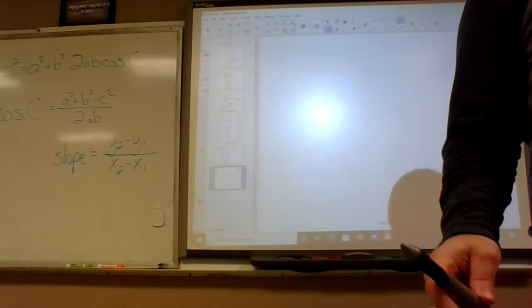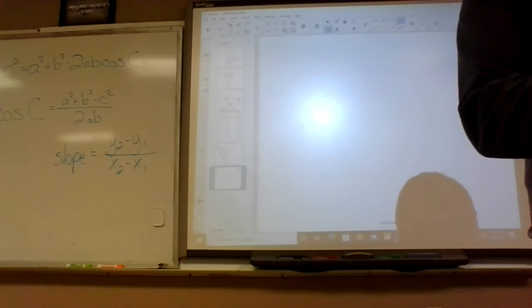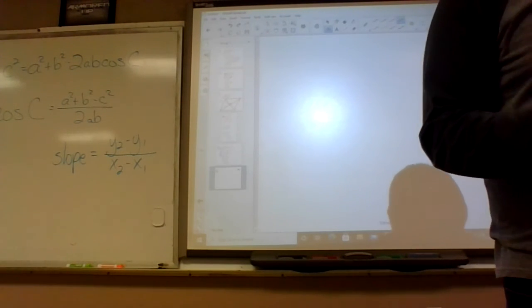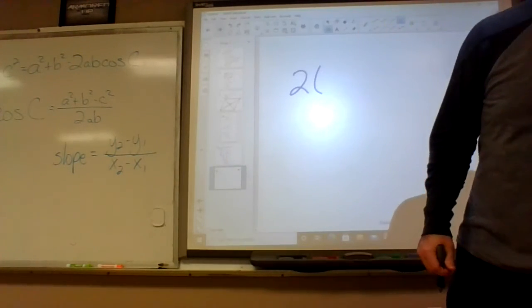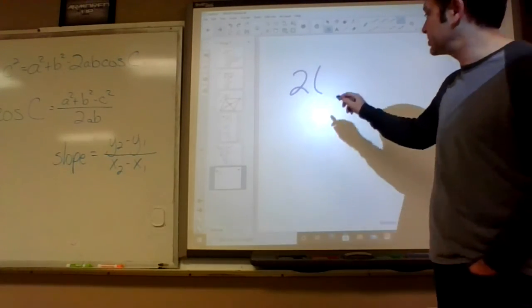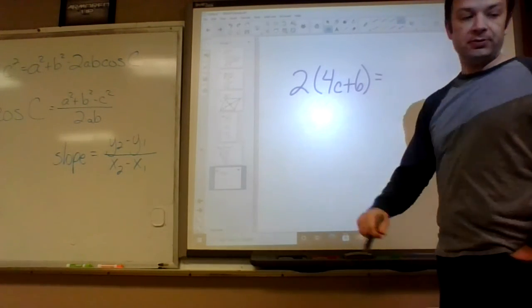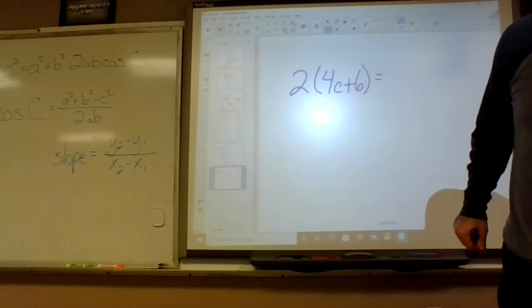Or another way to say it is angle 3 times 2 equals angle UXW. So 2 times 4c plus 6 equals angle UXW, which is 5 times c plus 9.